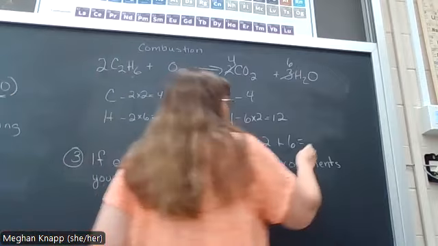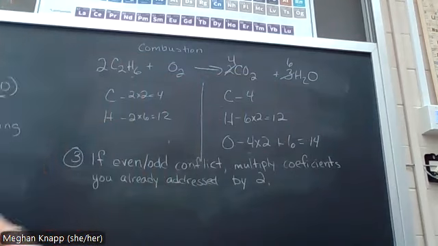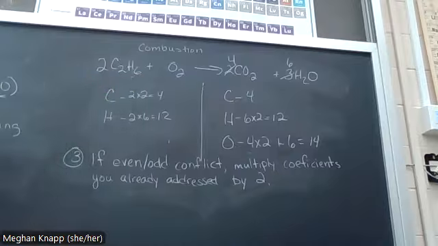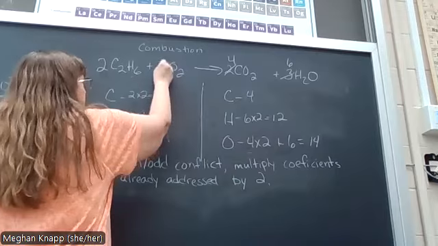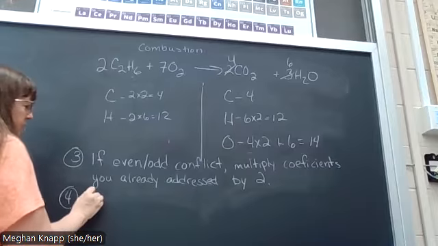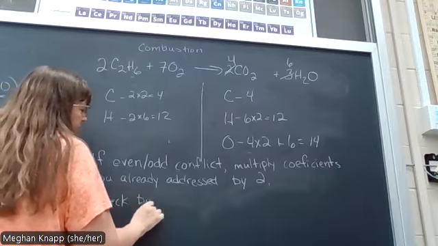If we doubled everything, we should end up with double that. We have 14 oxygens. So now if I want to have 14 oxygens on this side, what do I have to do? Multiply by 7. Okay. And then of course your last one is check by counting atoms on each side.